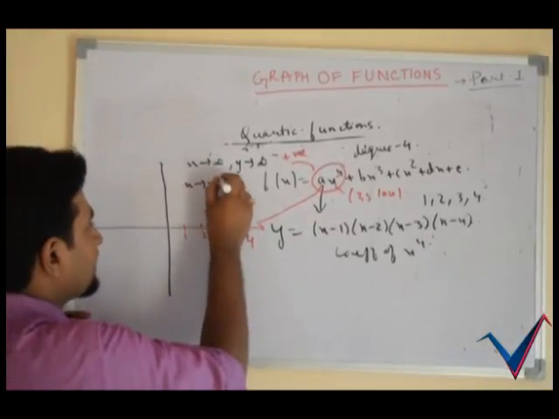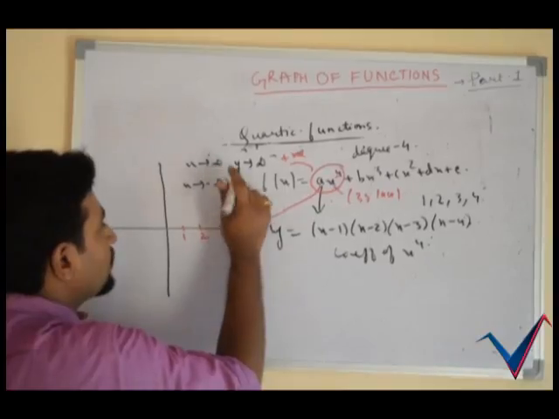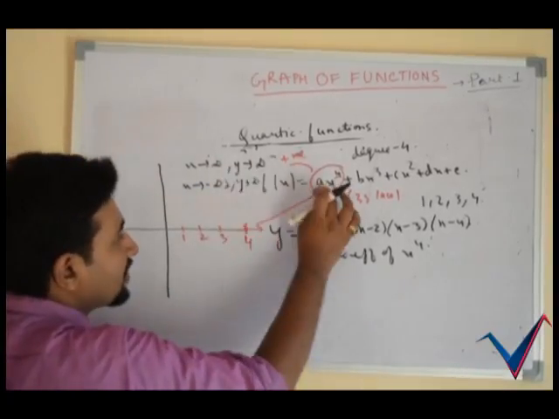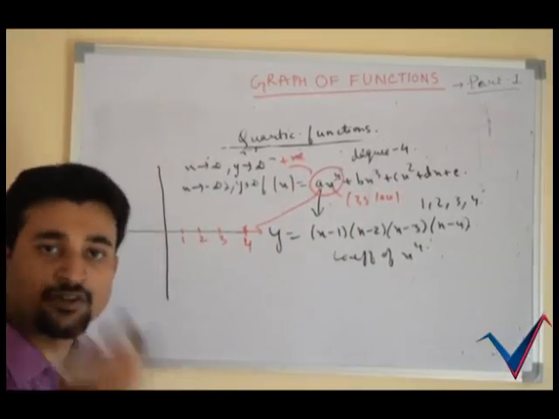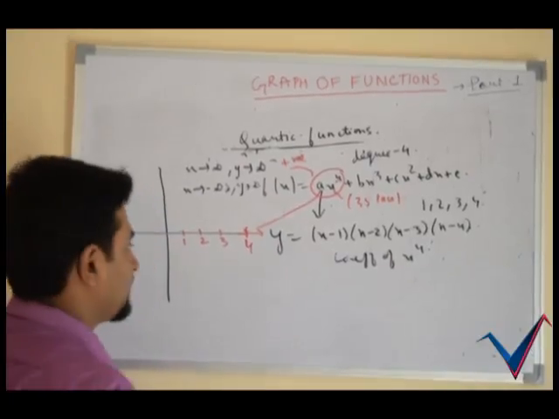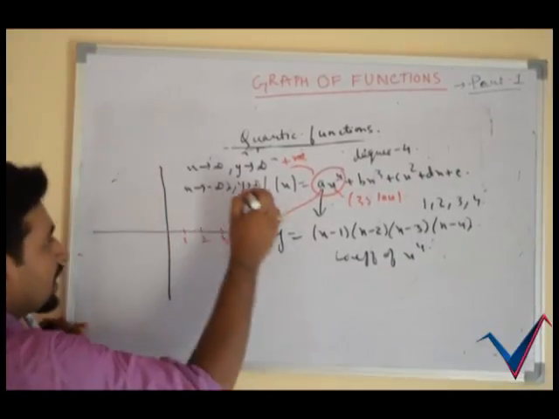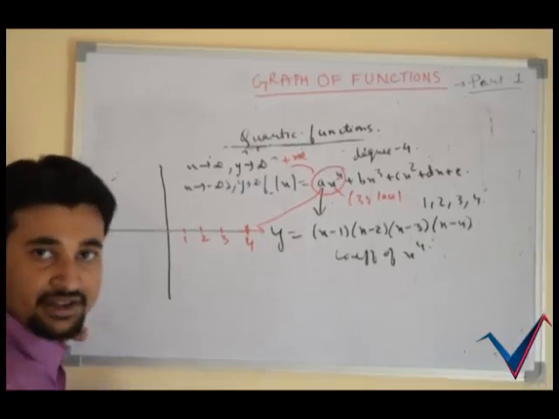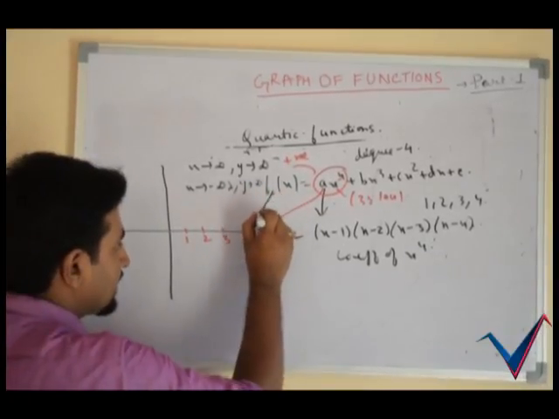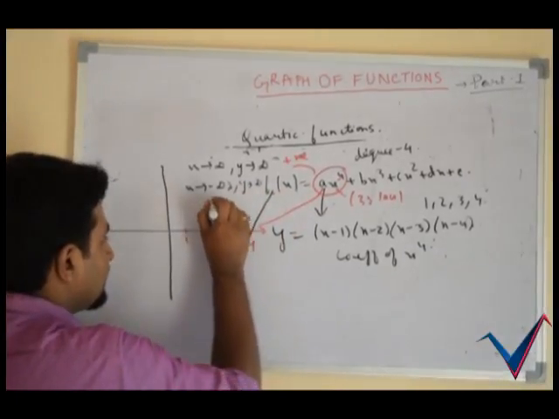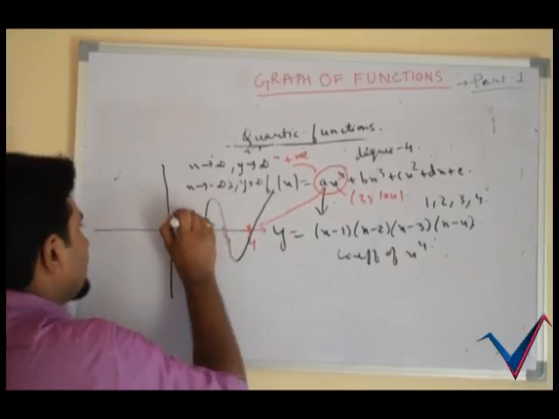When x tends to minus infinity, y will tend to infinity only, because if you put a minus here, then minus to the power 4 would automatically become positive. So in both ways the graph would start from here only. It would simply look like this way, then this way, then this way.